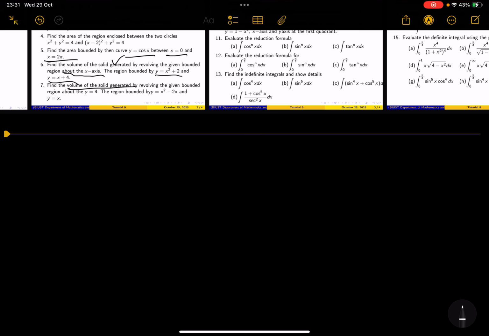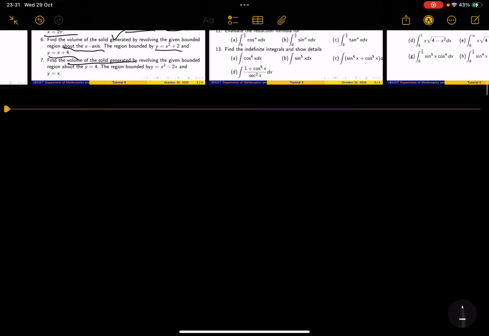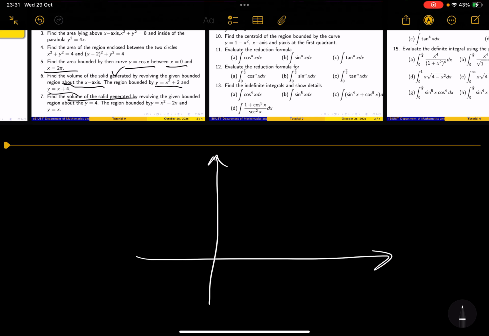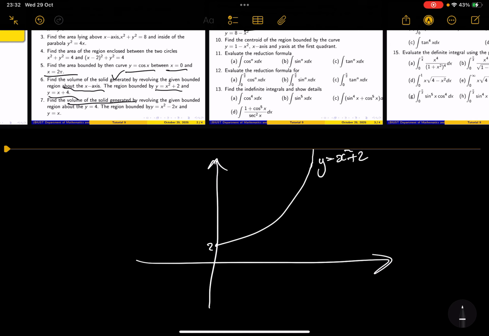So here we are finding the volume of the solid generated by, okay, you sketch, you draw your Cartesian plane, and then we are saying y is equal to x squared plus 2. If this is 2, it's going to be like this. And then if you sketch again, you have y is equal to x plus 4.